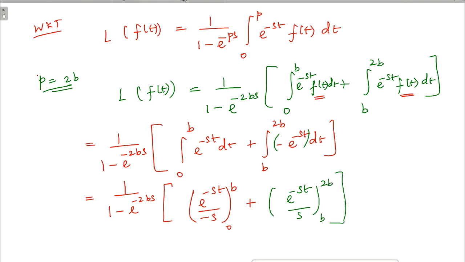After the integration, substitute the limits correctly. 1 by 1 minus e power minus 2bs. If you substitute the upper limit, you get e power minus bs divided by minus s, minus of minus 1 by s, which becomes plus 1 by s.